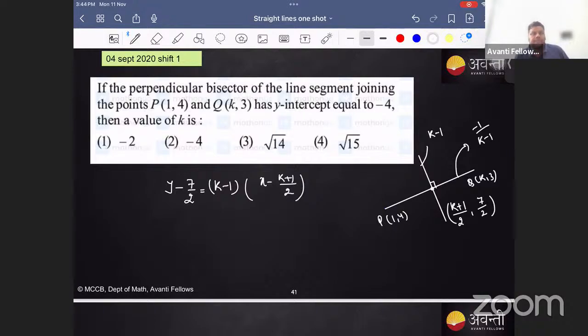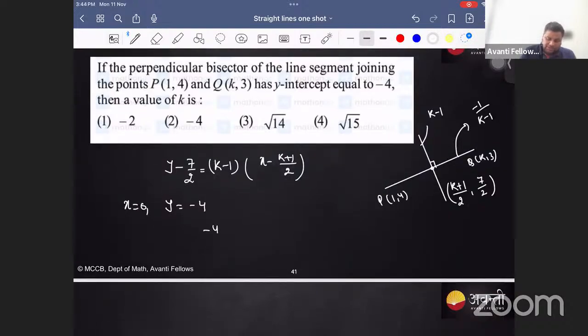Correct? Now they are saying this line has y-intercept -4. That means if I put x equal to 0, the value of y should be -4. So -4 minus 7/2 is (k minus 1) into (k+1)/2 with a negative sign.